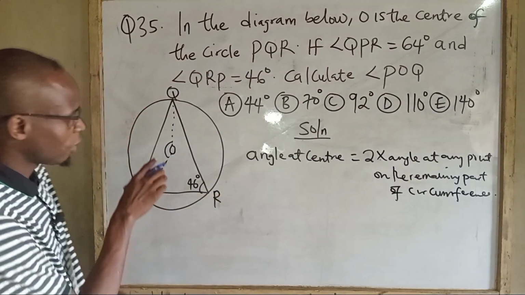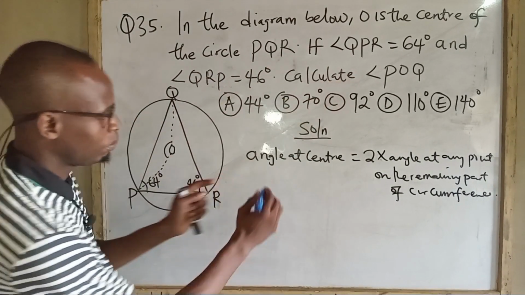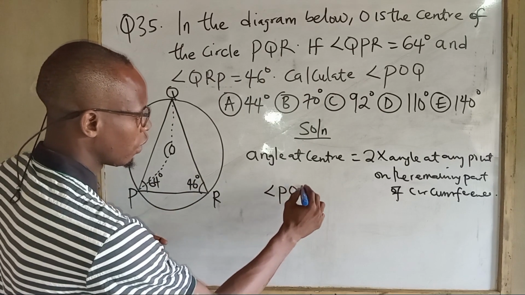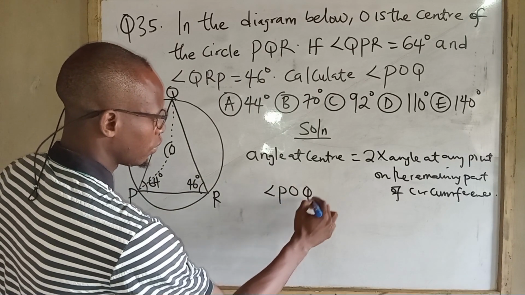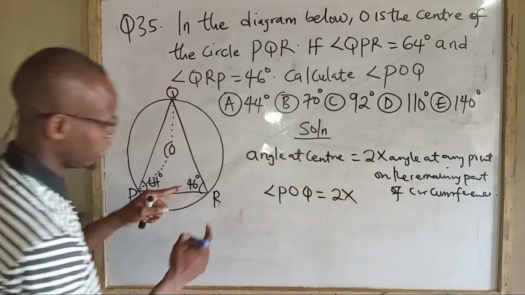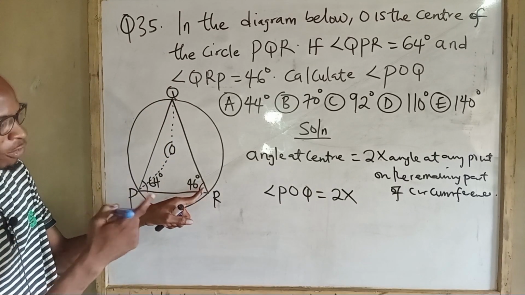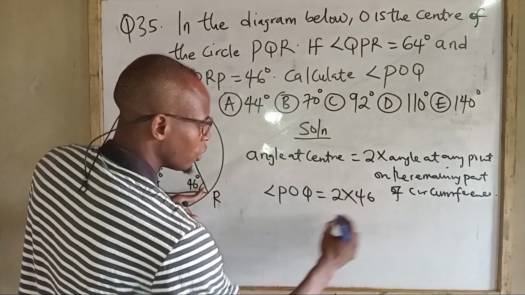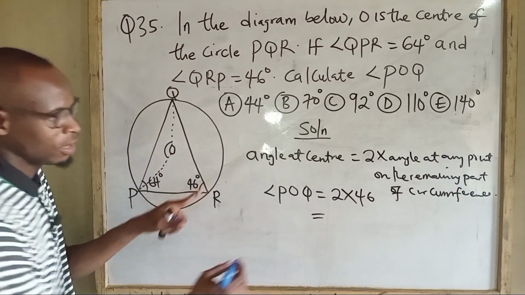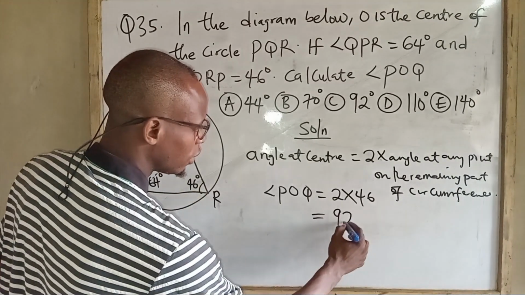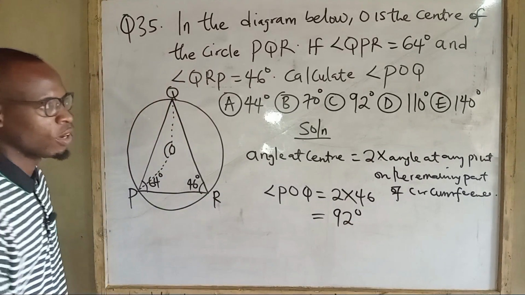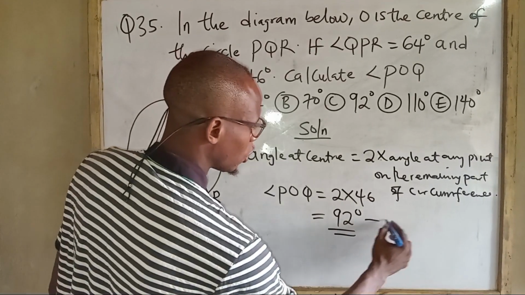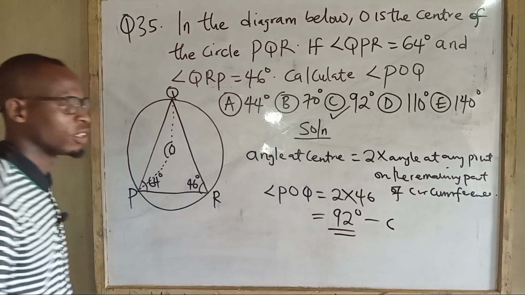So the angle at the center we are looking for is angle POQ. So we say it's twice the angle at the remaining part of the circumference, which is 46. So if you multiply 2 by 46, that should give you 92 degrees. So our answer is 92, which is option C. As simple as that.